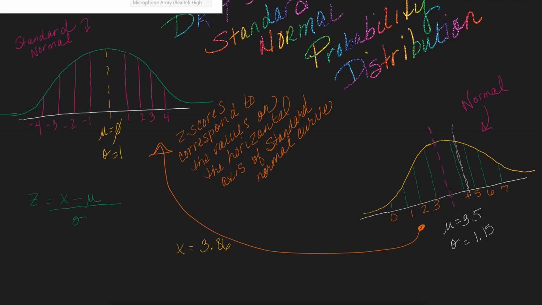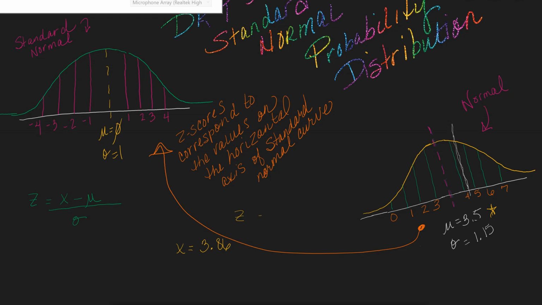All right, let's go ahead and turn this 3.86 into a z-score. We'll just use the population mean and standard deviation that I have here on the right, and we'll plug in the values that we know.